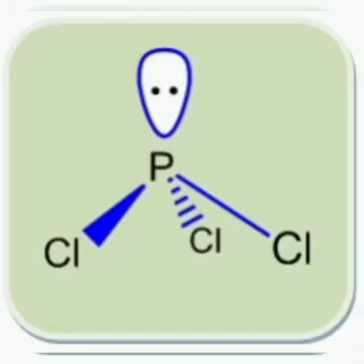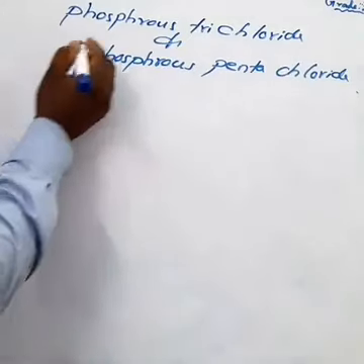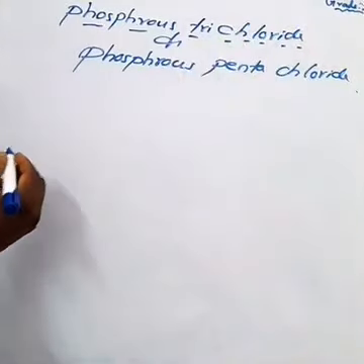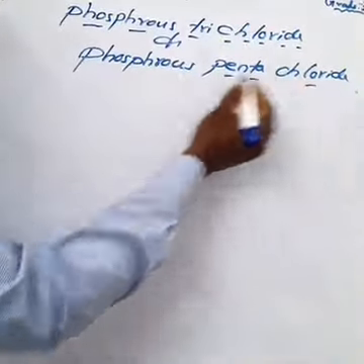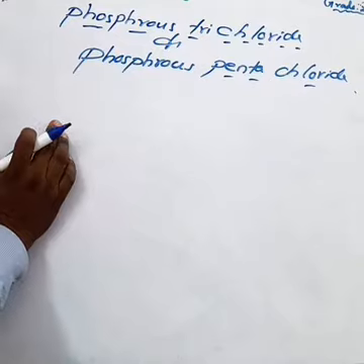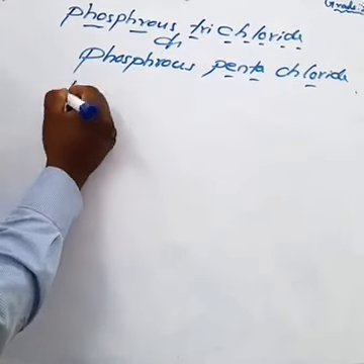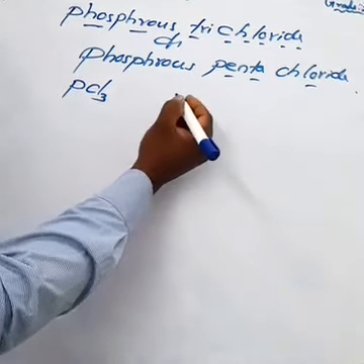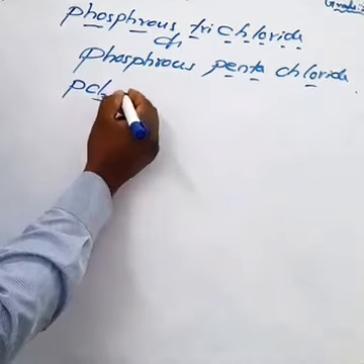How is phosphorus trichloride prepared? Phosphorus trichloride and pentachloride. The formula of phosphorus trichloride is PCl3. How is phosphorus trichloride prepared?